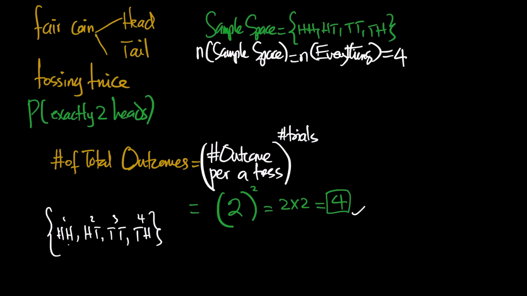We know that number. Now, the question says we should find the probability that exactly 2 heads show up. So the probability of exactly 2 heads, we're going to get a number. Don't forget, it's the number of exactly 2 heads.